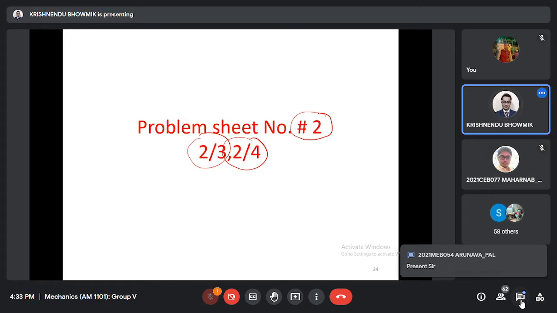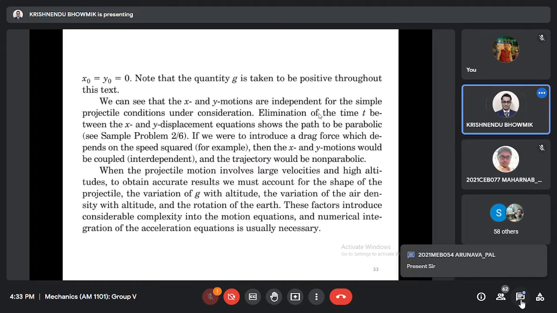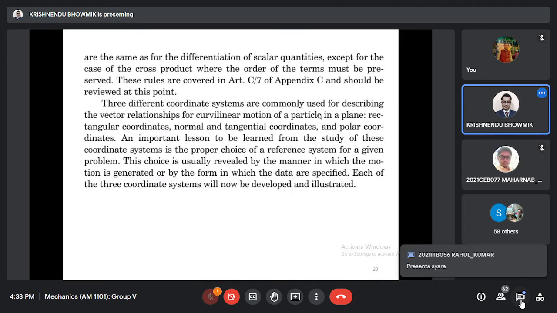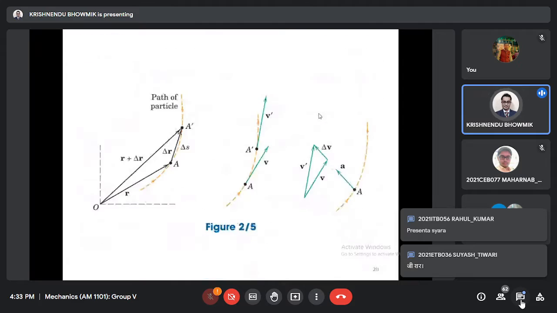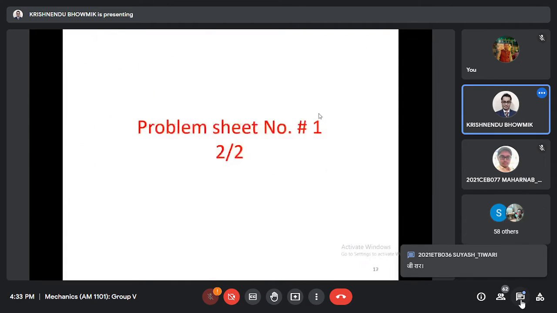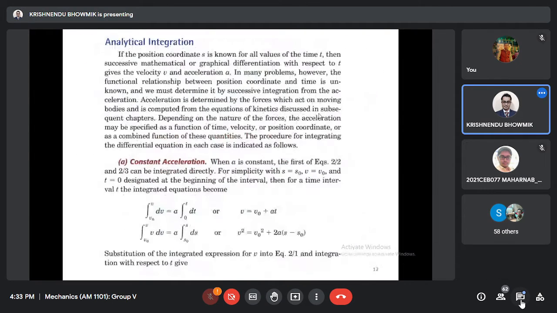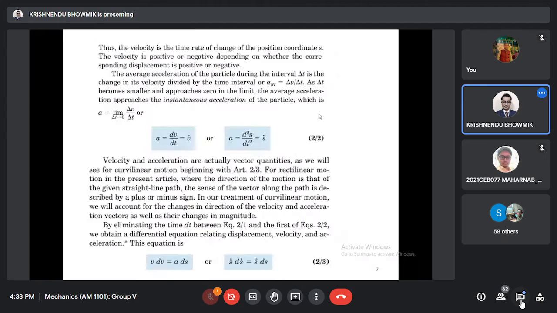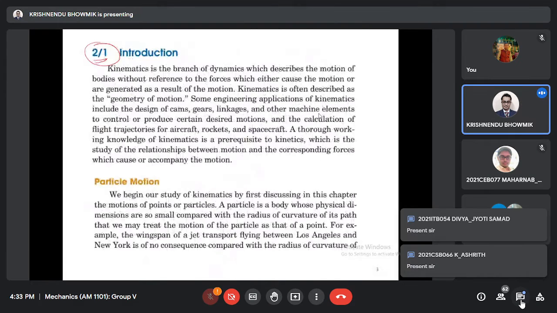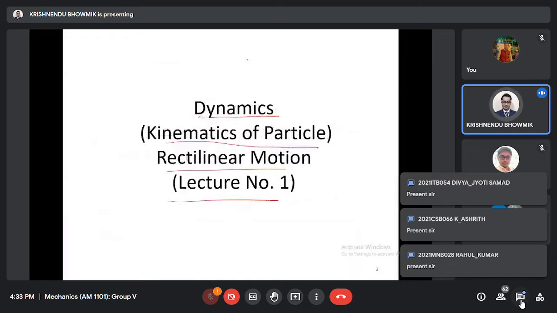Problem sheet I will provide you right now itself. So 2.3 and 2.4 I told for curvilinear motion. For rectilinear motion, it is 2.1, 2.2.